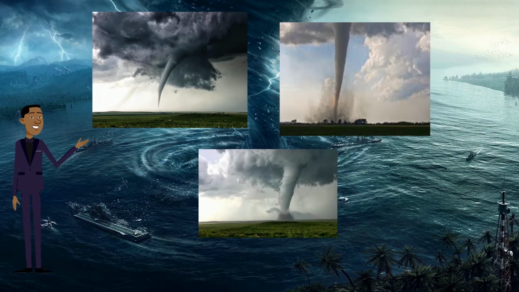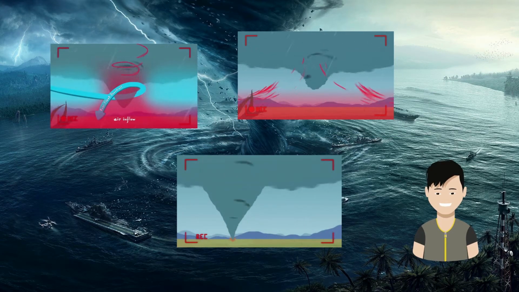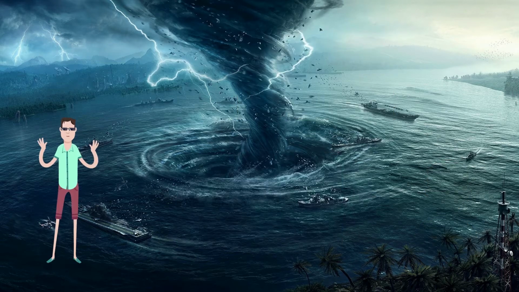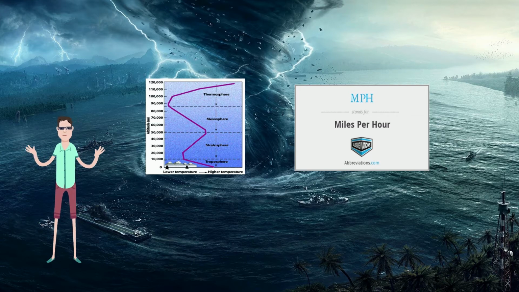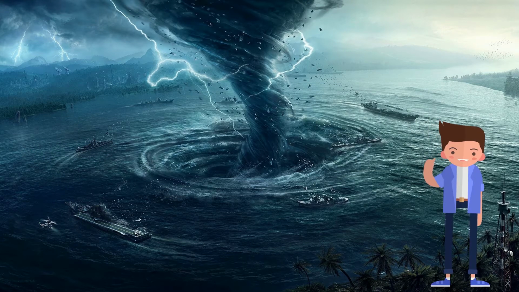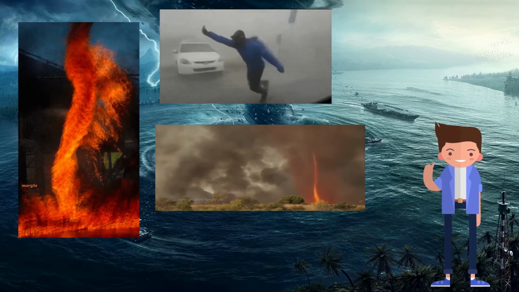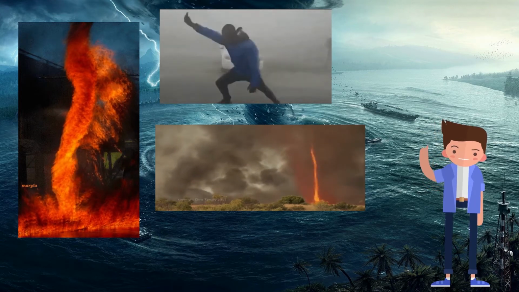Most tornadoes have wind speeds less than 110 miles per hour or 180 km per hour, are about 250 feet or 80 meters across, and travel a few miles, several kilometers, before dissipating. The most extreme tornadoes can attain wind speeds of more than 300 miles per hour or 480 kilometers per hour.